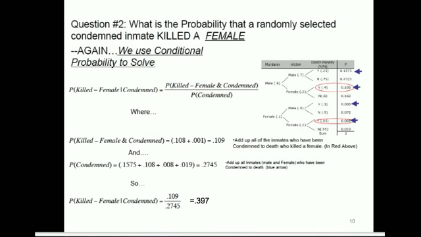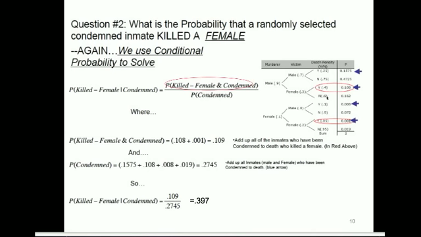Now we're going to ask the second question: what is the probability that the randomly selected condemned inmate killed a female? Again, we use conditional probability to solve this. Again, that little symbol right there, conditional probability, given that. And then we take the numerator, which is this joint probability, kill the female and condemned.